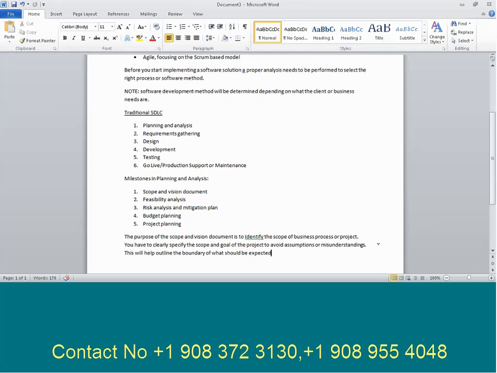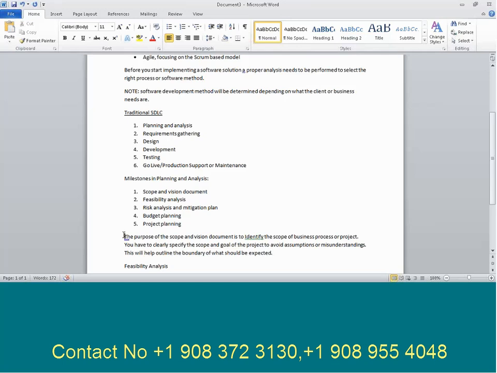Now, moving to the next one, feasibility analysis. What is feasibility analysis? Before we actually start talking about feasibility analysis, a couple of things. Scope and vision. Who defines the scope? Number one. Who documents the scope? Number two. I think these are very important things. We understand what scope is, we understand what the scope definition means, and we understand the importance of it.